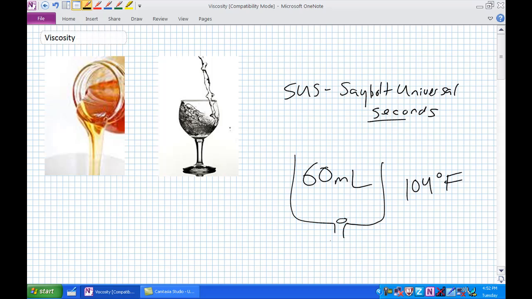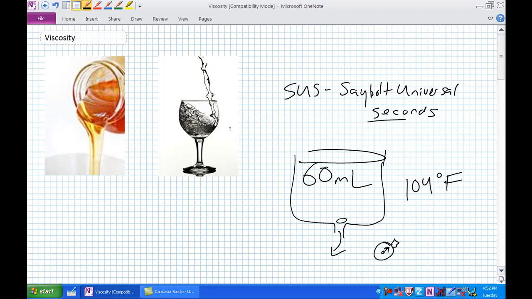And what you do is you put the 60 milliliters of whatever substance you want to measure, heat it up to 104 degrees Fahrenheit in a little bath, and then pull the plug and sit there with a stopwatch and see how long it takes to empty 60 milliliters.